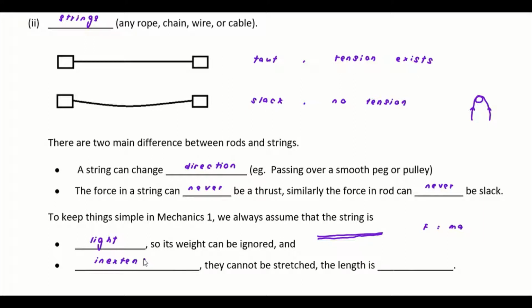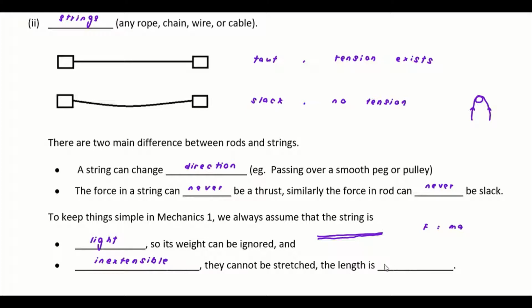All right, the second thing that you will see is the word "inextensible". We know "extensible", meaning that something you can stretch, make longer or shorter. So "inextensible" means that it cannot be stretched. It cannot become longer or shorter. It's not elastic in a way.